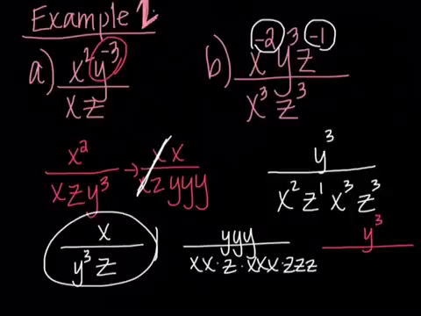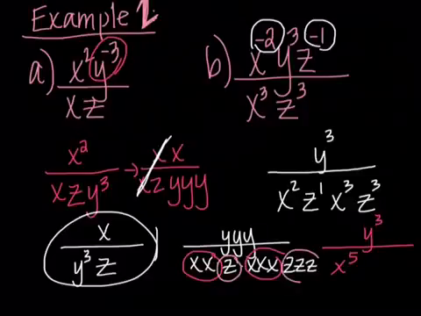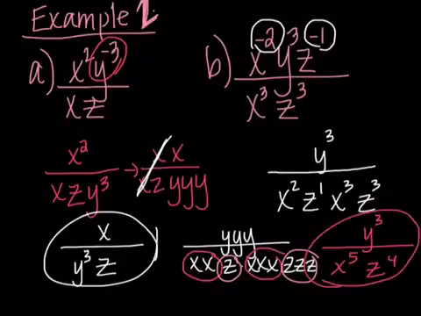If I look at my x's, I'll see 2 and 3, which gives me a base of x and an exponent of 5. As I identify my z's, I see 1 and 3, which gives me z to the power of 4, and this would be my final simplified answer.